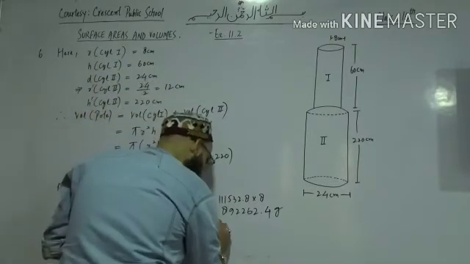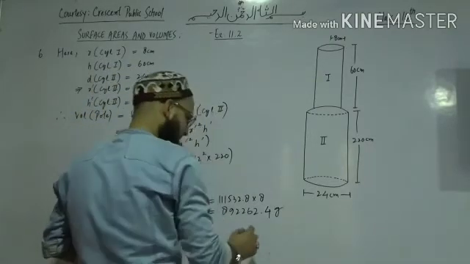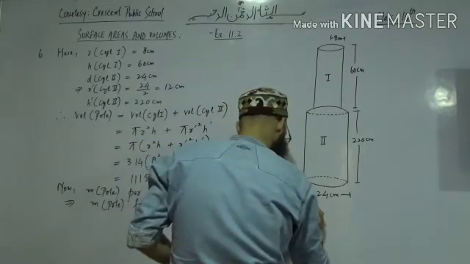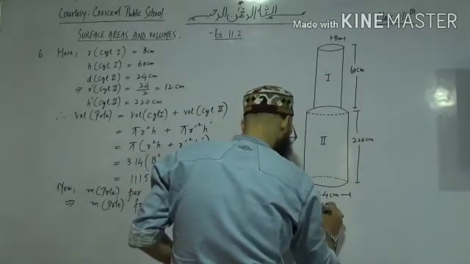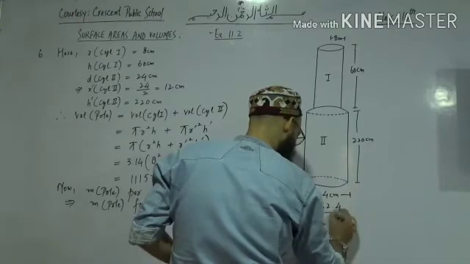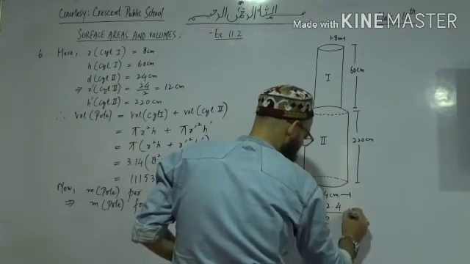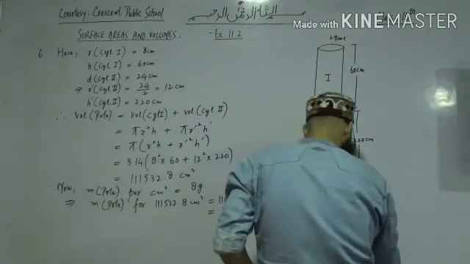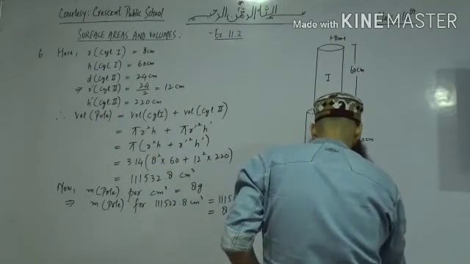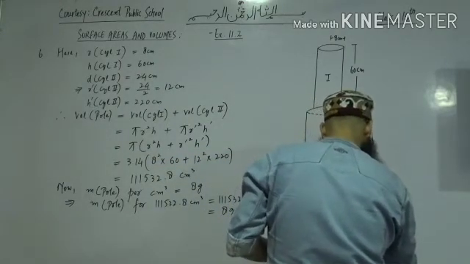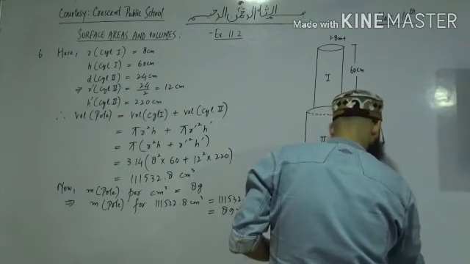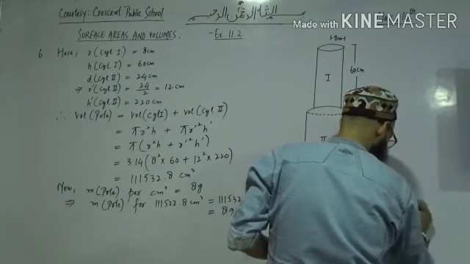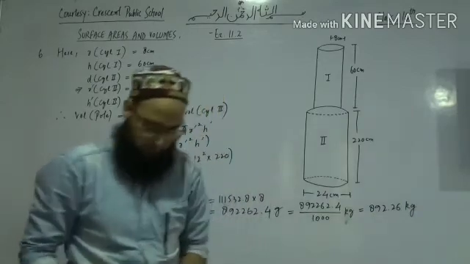So I'll get, on dividing by 1000, I'm in kgs. So that means now this expression is in kilogram. So that is equal to 892.26 kg. And that's your answer.